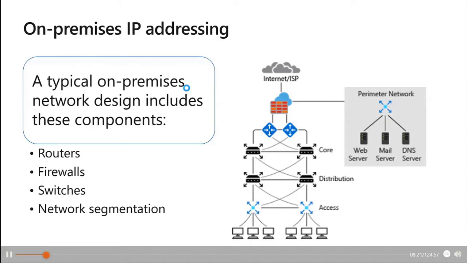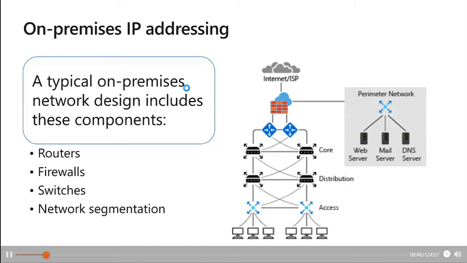I have addresses also that are used for inbound traffic across the internet. My internet service provider might assign me a block of them, so that I can assign them to my devices. Then I have some perimeter network there with a web server, a mail server, and a DNS server. And then I have a firewall and workstations.